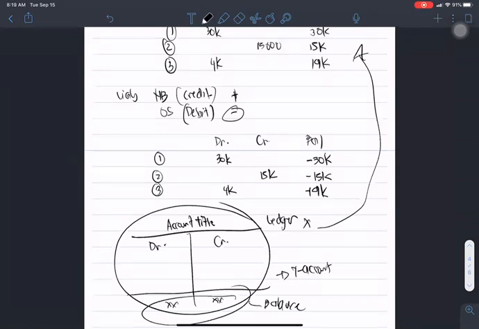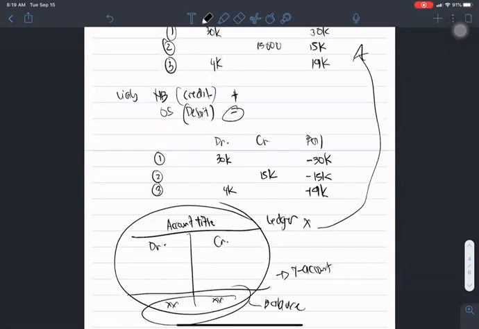But if ever I say post the transactions to the T account, then use the T account. So how does your T account work? You just need to total the debit and the credit, and you get the balance.